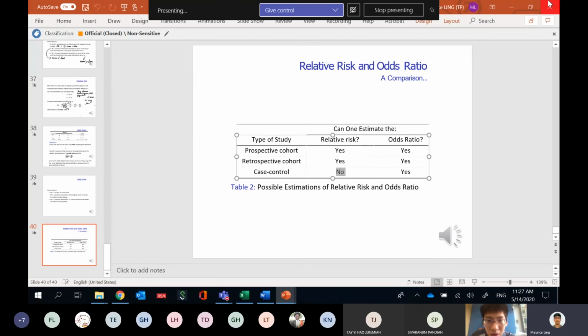No. In fact, most people will just calculate relative risk and odds ratio for everything. That is why this is just a very weak no. Most people will just calculate for everything.